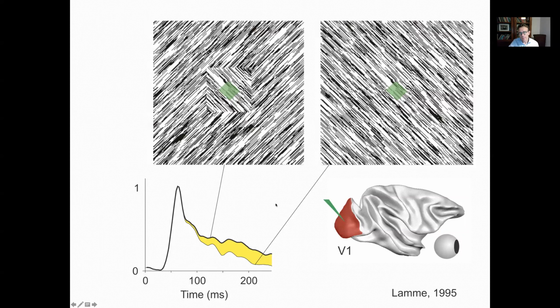Already 25 years ago, he demonstrated that if you present image elements in the receptive field of a neuron in primary visual cortex that belong to a figure, as is the case here, you get more activity than if you present the same image elements in the receptive field, but here they belong to a background. You first get a feed-forward response, but it does not yet discriminate between figure and background. You have to wait a bit, and then you see that image elements that belong to a figure start to elicit extra activity.